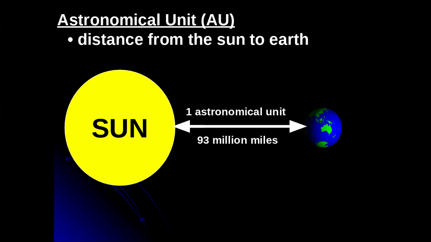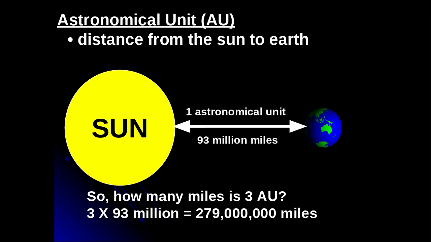So we would say that 93 million miles is equivalent to one astronomical unit. So if somebody says that there's an object in our solar system that is 3 AUs away, then we would take 93 million miles, multiply it by 3, and we would end up with 279 million miles away. And so the astronomical unit is really confined to the distances within our solar system.